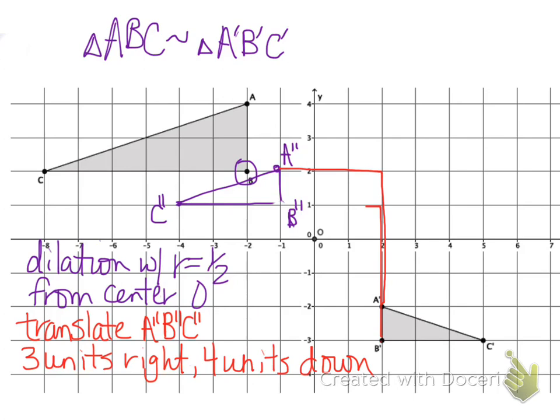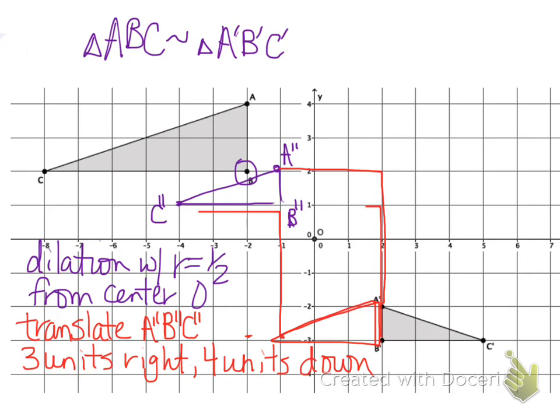So let's put point C there. No, it's not. It's going to end up here because I'm going 3 units and 4 units. Okay, so here's my new triangle right here. After the translation, I'm right there.